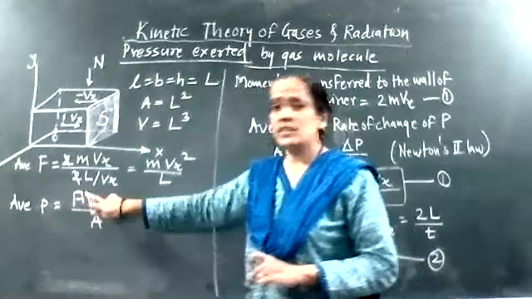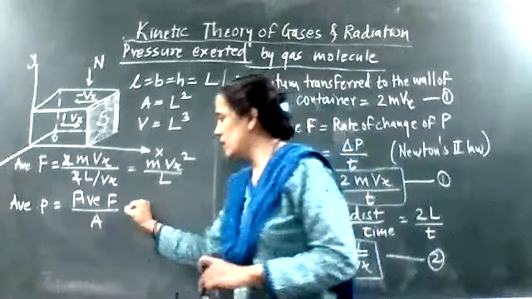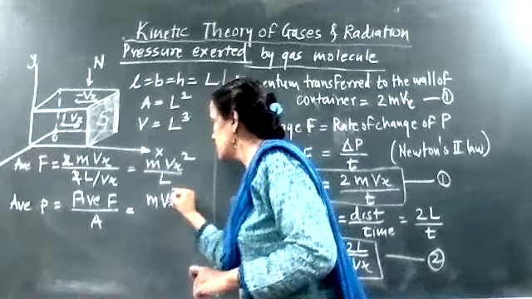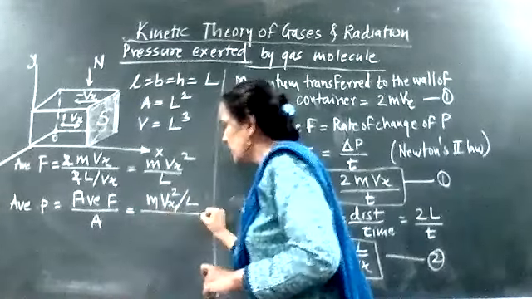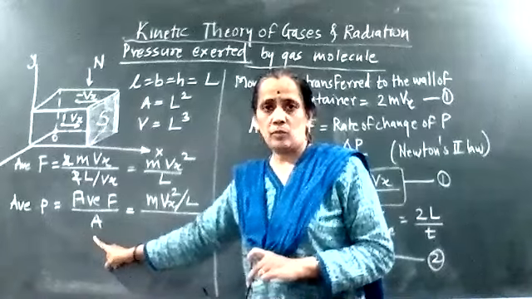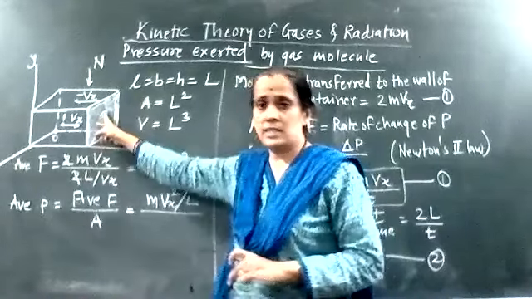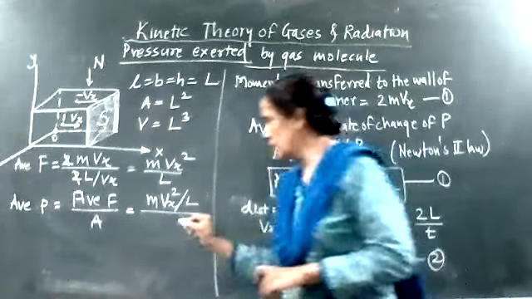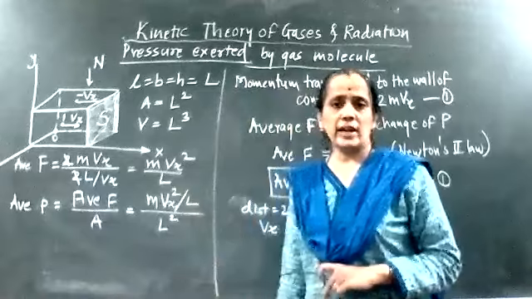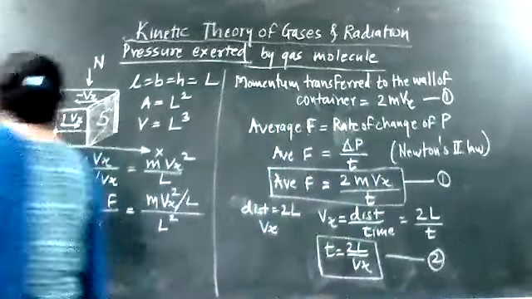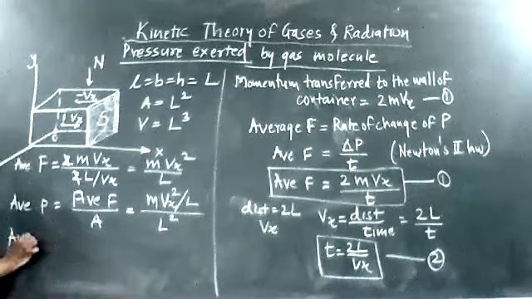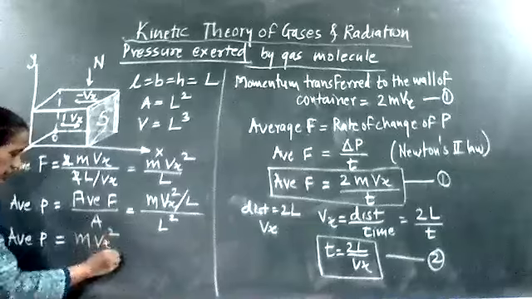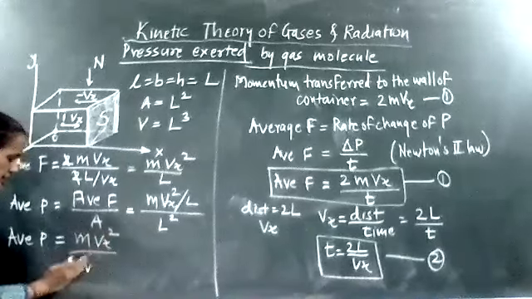Therefore, average pressure is equal to average force upon area. The average force we have is m vx square upon L, divided by area. Which area exerts a pressure? S. S has a length L and breadth L, so the area is L square. So what I am getting here is that your average pressure P is equal to m Vx square divided by L cube.